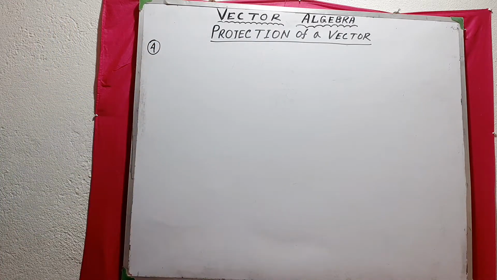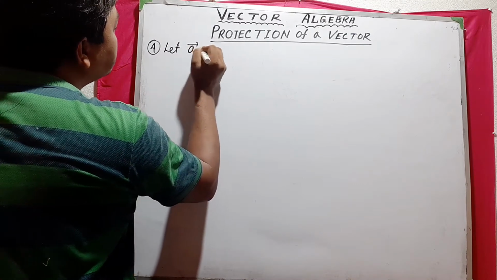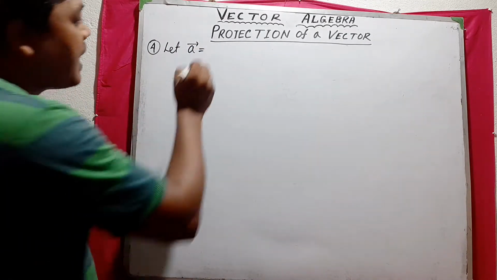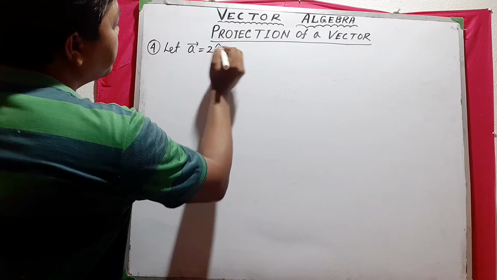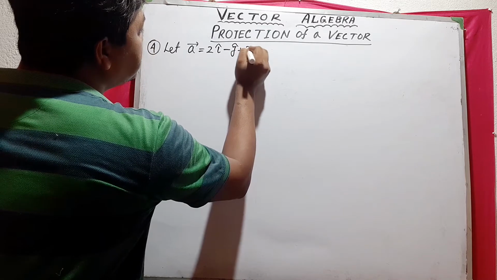Problem number 4. Let a vector equals to 2i cap minus j cap plus 3k cap.